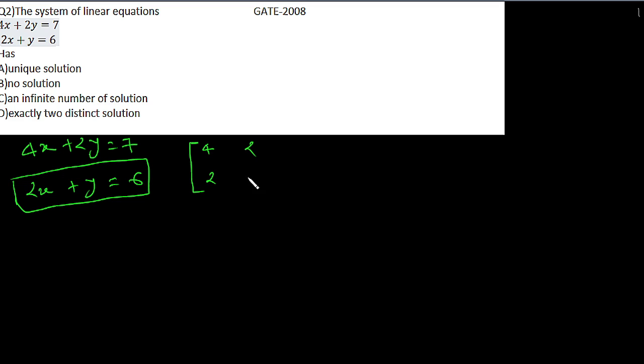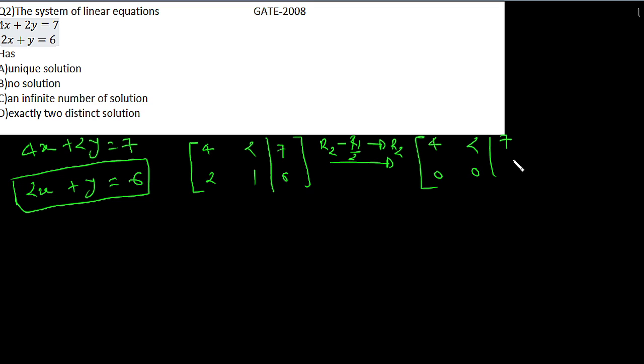So 4 2, 2 1, and here the constants are 7, 6. Now apply some row operation. What we are going to do is R2 minus R1 by 2, and it becomes our new R2. After this transformation, what we get is here 0, here 0, and here 6 minus 7 by 2.